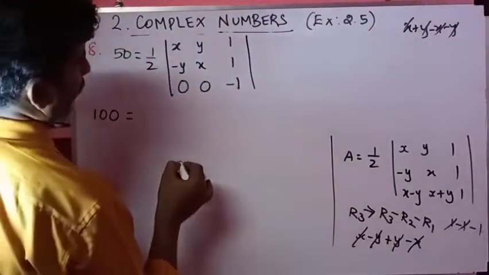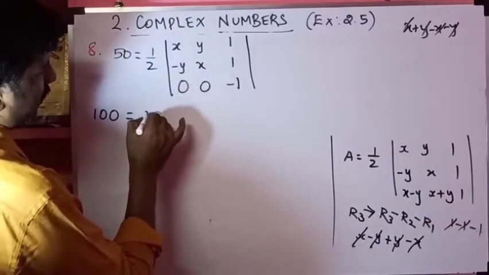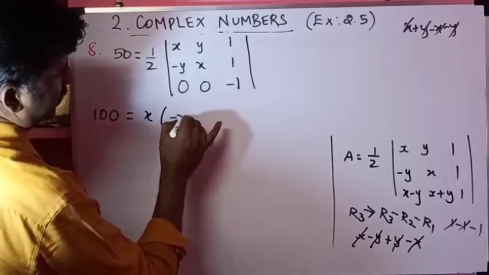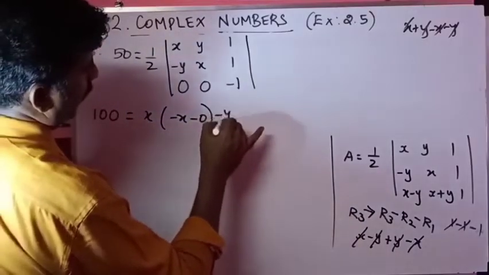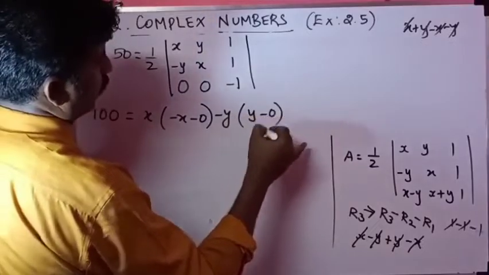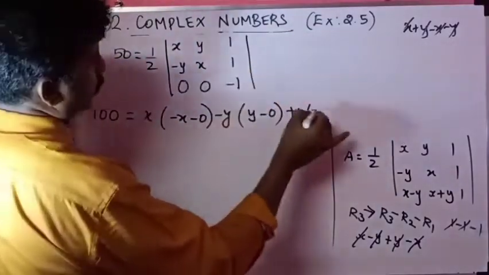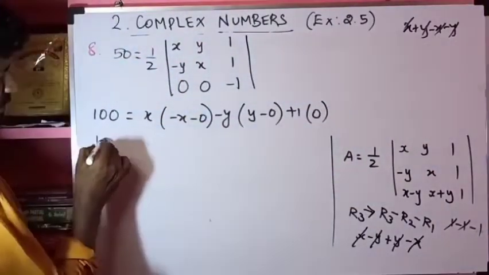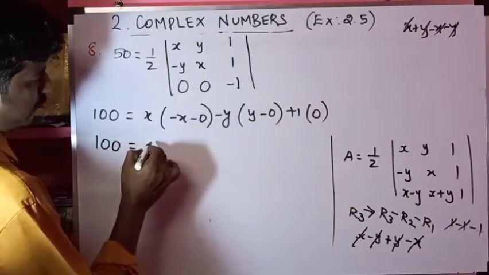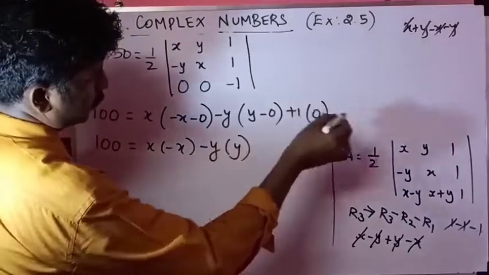இப்போ determinant to find out பண்ணுங்க. So x into minus x minus 0, minus y into y minus 0, plus 1 into 0 minus 0, right? 100 is equal to x into minus x minus y into y, and this is 0.